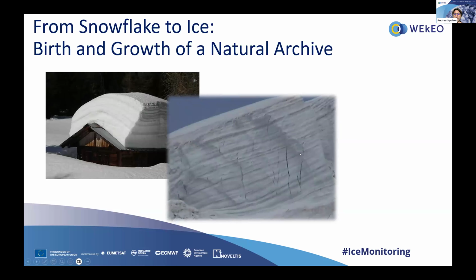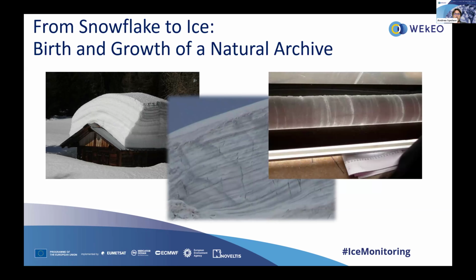In the end we have a layering of snow, one over the other, with good information about the atmospheric composition at the time each layer formed. This snow becomes more and more compact until it becomes ice, and we drill the ice and collect an ice core archive, where the information of past atmospheric conditions is stored.